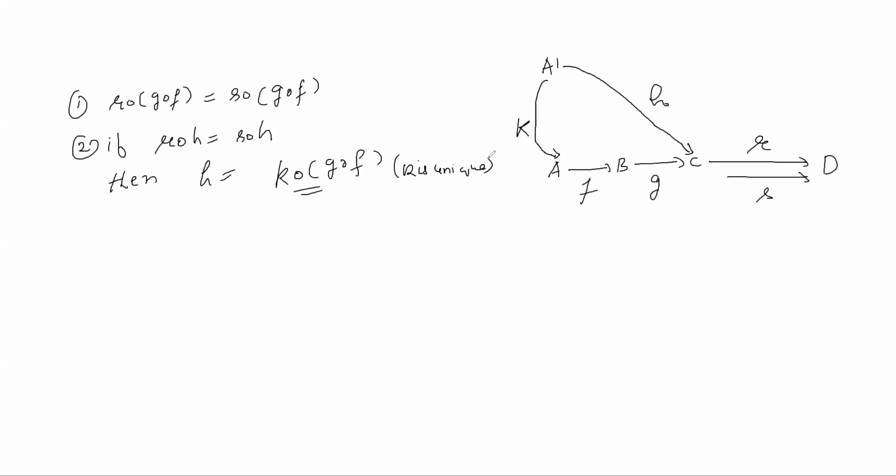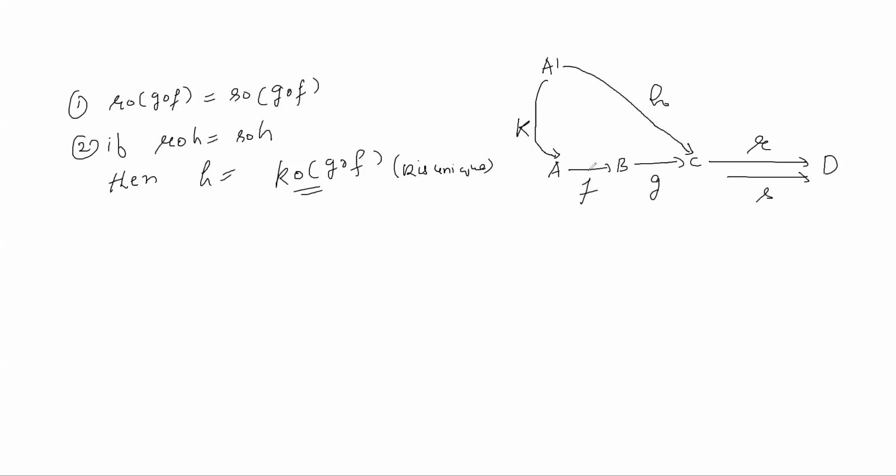So I will just create a small diagram within this diagram. Now from 1, I will show that F is an equalizer of R composition G and S composition G. This is my aim, because I have to show that F is a regular monomorphism, so it has to be an equalizer of some pair of morphisms.